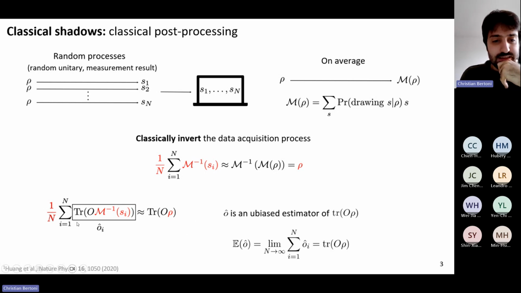So in practice, this quantity here represents a shot of some random variable O hat, which is an unbiased estimator of the trace of O rho, in the sense that on average, oh, there is a 1 over N missing here, I'm sorry, but on average, this empirical average, for infinitely many samples, will converge to the actual expectation value.